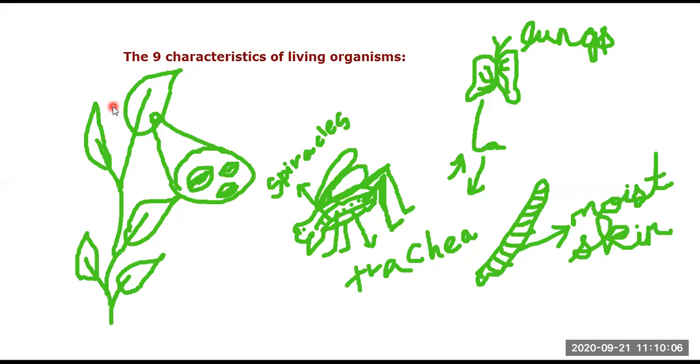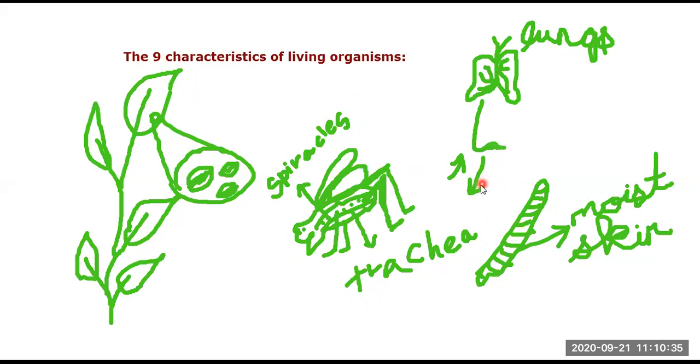Different organisms breathe differently. Plants breathe through small tiny pores on the underside of their leaves. Grasshoppers have small tiny holes in their tracheas called spiracles.